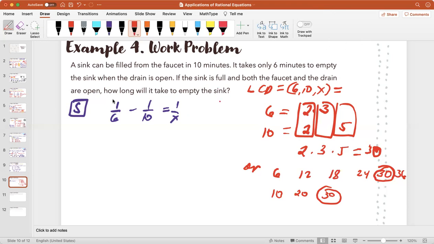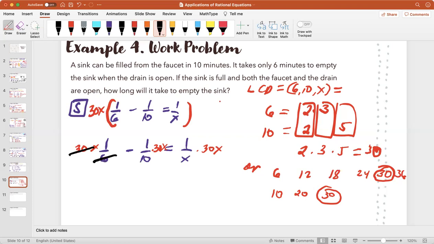So now let's multiply by 30x. Everything here is multiplied by 30x. What is 30 divided by 6? 5. 30 divided by 10, 3.